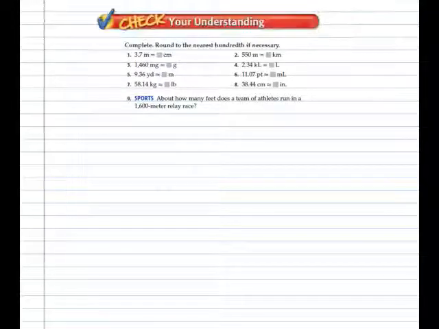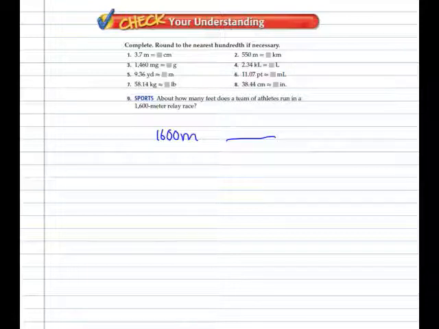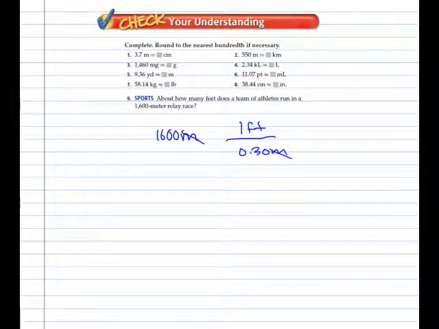And my last example I'm going to do is number 9. About how many feet does a team of athletes run in a 1,600 meter relay? Well, 1,600 meters. What I know is 1 foot equals 0.30 meters. So I divide out my common units.